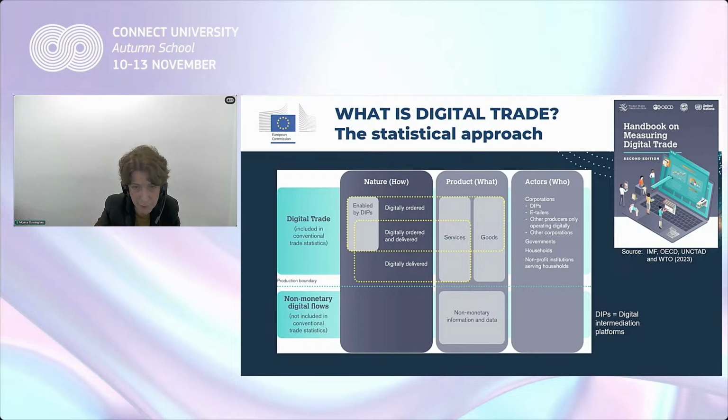And then you've got the three categories which I mentioned earlier, which is whether we're talking about a good or service that's been ordered digitally, one that's been both ordered and delivered digitally, and then finally purely digitally delivered. And then, of course, goods and services.